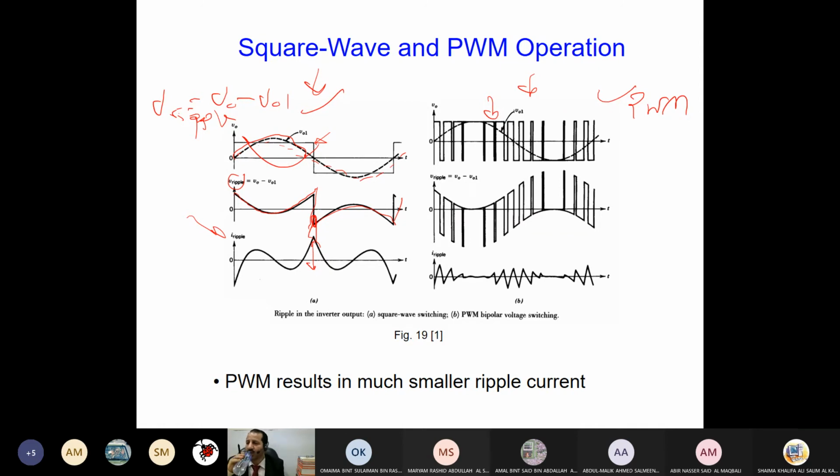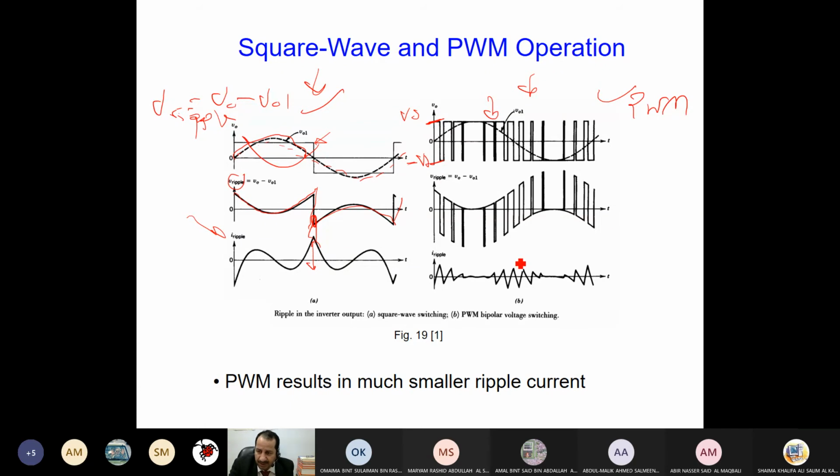Ladies, gentlemen. Should I answer? Okay. I have mentioned it many times, so please this time don't forget it. You can see here the voltage fluctuates between VD and minus VD.